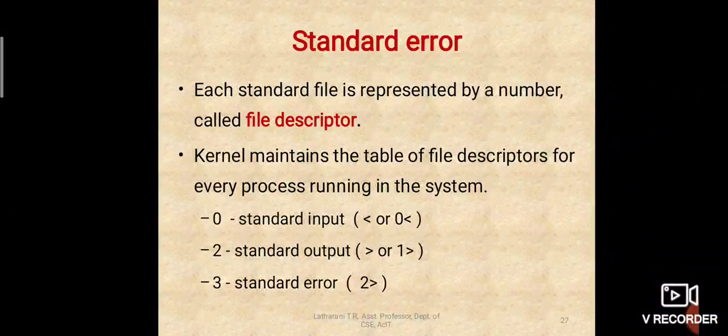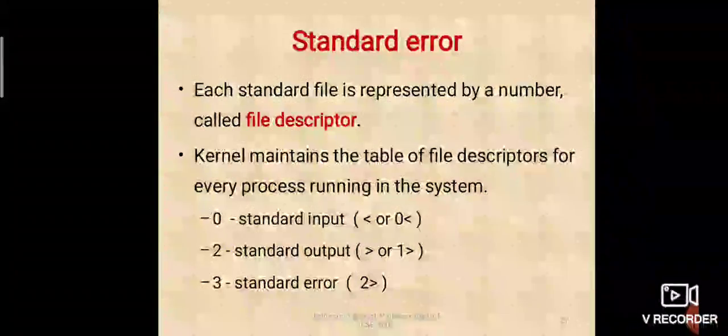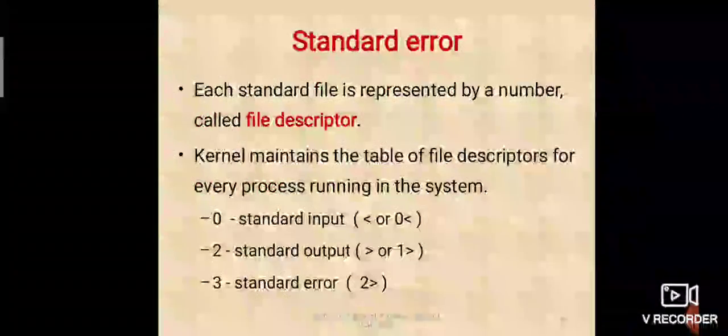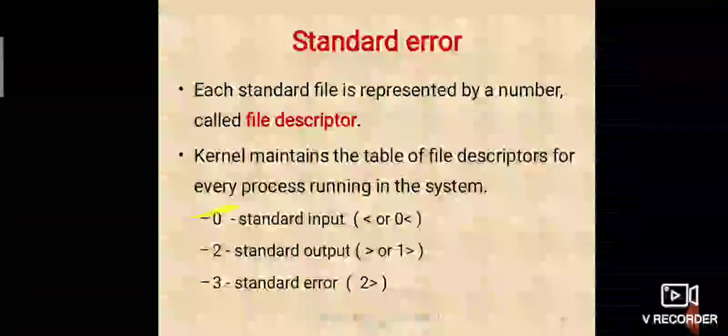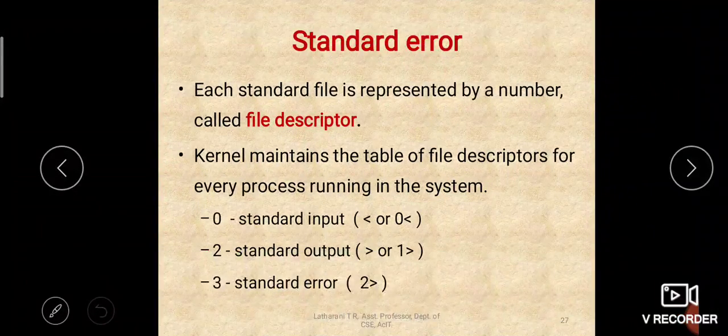But the first three file descriptors, that is 0, 1 and 2, not 2 and 3, sorry, let me make that correction. 0, 1 and 2 will be used. This is 1, this is 2.